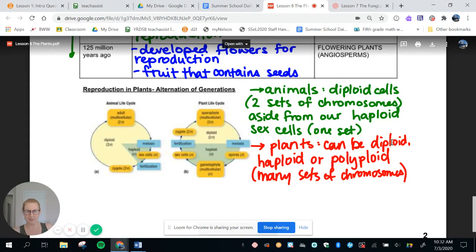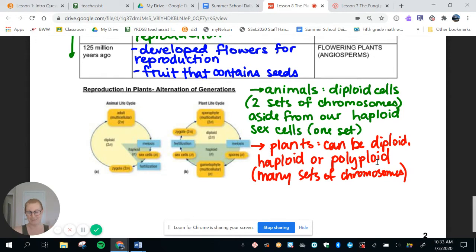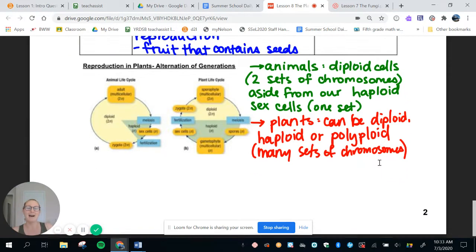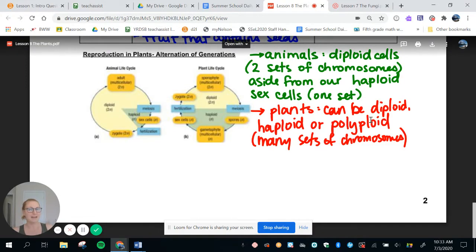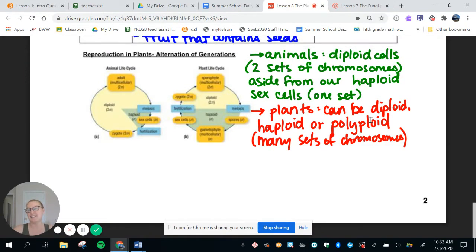They can be diploid, they can be haploid, or they can be what we call polyploid, which means they have many sets of chromosomes. If you think about examples like bananas and strawberries and those types of fruits, many of those are polyploid. They might have 6 or 8 sets of chromosomes rather than just 2 sets.